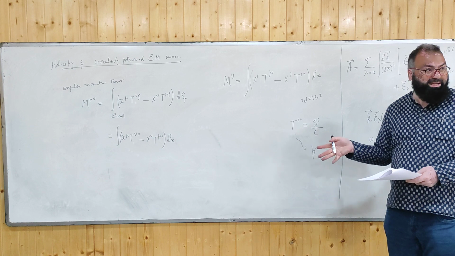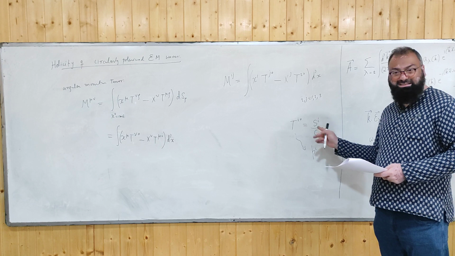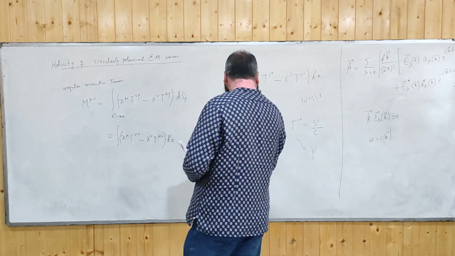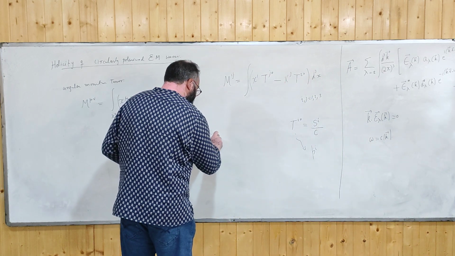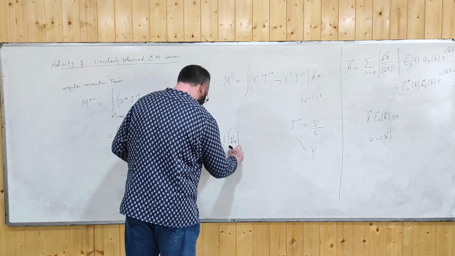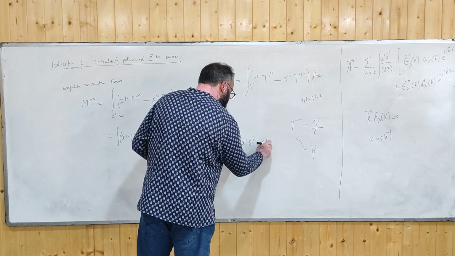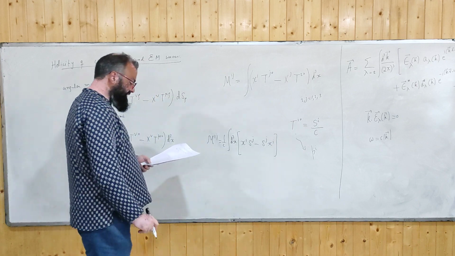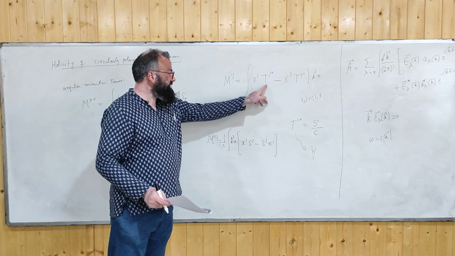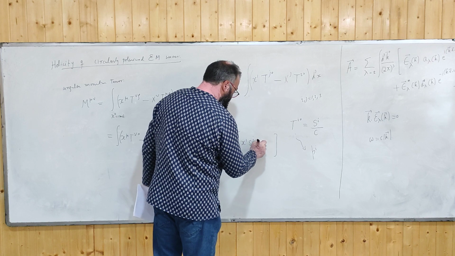Since we are dealing here with electromagnetic fields, these three components are the same as the Poynting vector divided by c. Therefore, I can write M ij equal to 1 by c times the integral d3x of (x i S j minus x j S i).